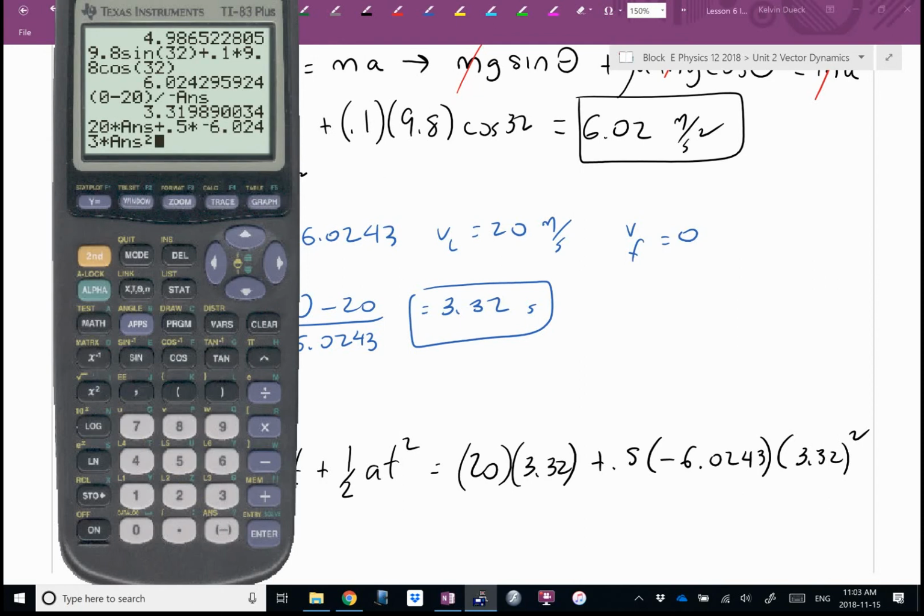By the way, if we were sliding down the hill, we'd probably be speeding up, and that acceleration I would call positive. Even though I said down the hill, I think we would find it easier to call that positive. You get 33.2? Yeah?